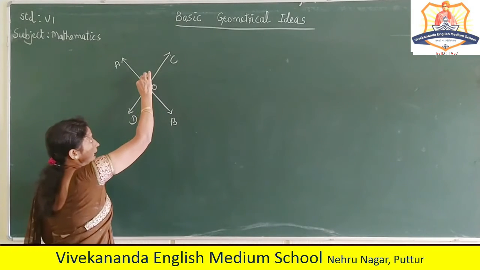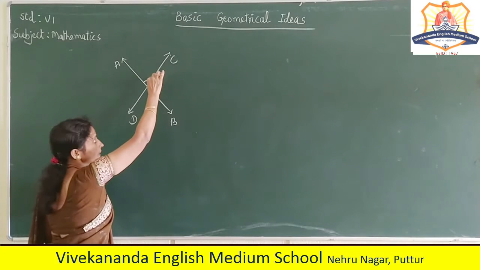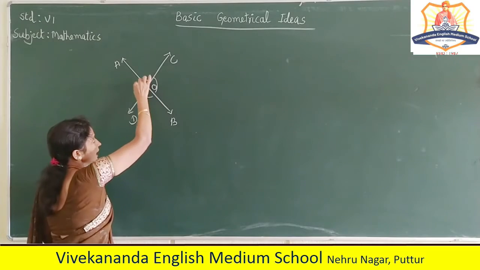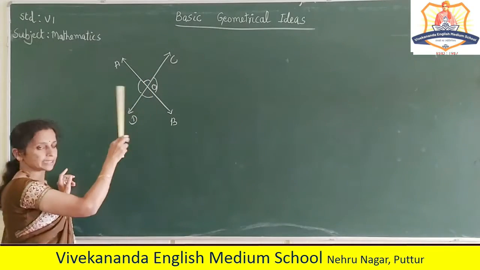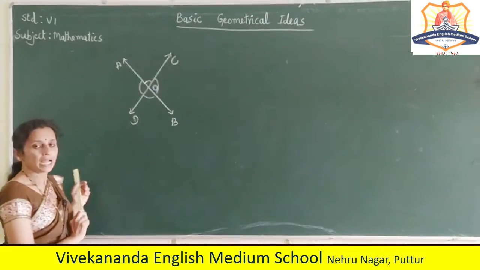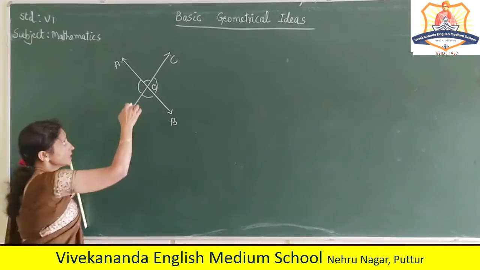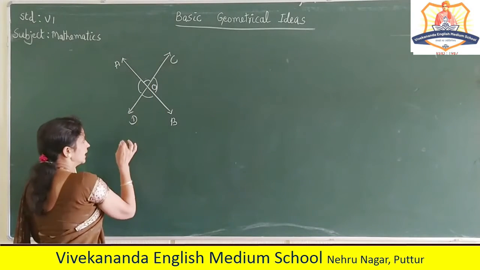Now we mark the angles. This is one angle. By the arc we mark the angle. This is another angle, here is the third angle, and this is the fourth angle. So when two lines intersect, we get 4 different angles, and now we have to name these 4 angles. Here angle AOC is one angle.